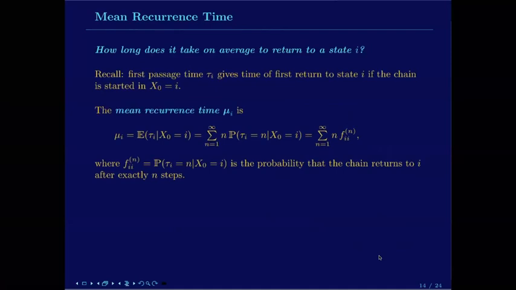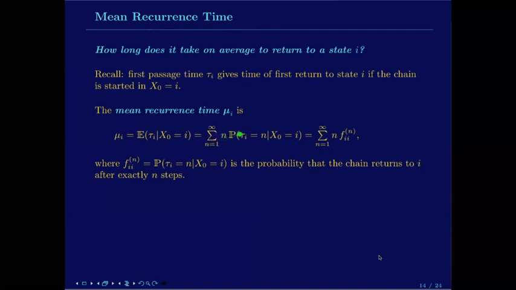The first passage time tau_I gives the time of first return to state I if the chain started in the state I. So the mean recurrence time, which we call mu_I, is the expectation of the first passage time to I, given that the Markov chain starts in that state I. And that can be expressed as an expectation: we are looking at the probabilities that tau_I takes the value n and multiply this by the outcome n.